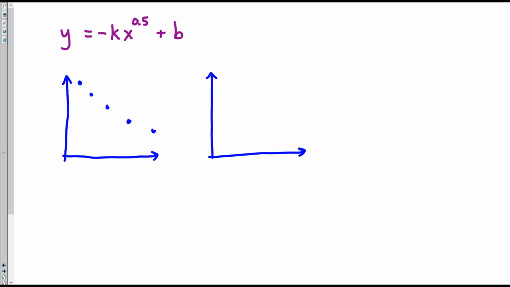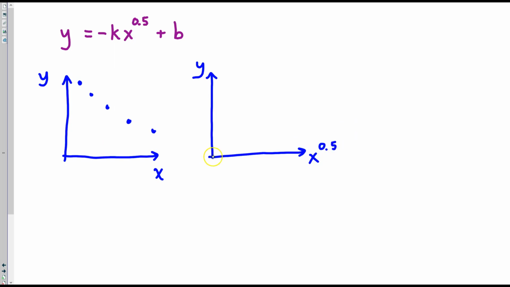Well, the typical trick we use is we look at the equation, we figure out what the power is, and then instead of plotting y against all of our x values, we take every x data value, every one of these data points is an x value, and we raise it to that power, which is just 0.5.